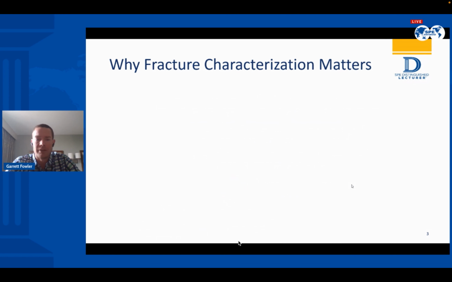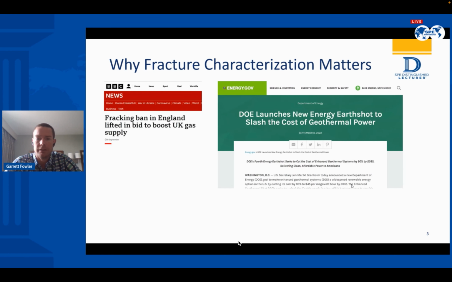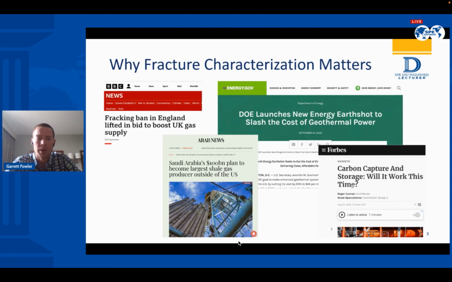So why does it matter that we can describe what hydraulic fractures look like and how they are working in the subsurface? I've pulled a variety of headlines here from across the world where, not only in the United States but now globally, hydraulic fracturing is being looked at as one of the primary drivers of subsurface development, not only in oil and gas, but also in geothermal and carbon sequestration.